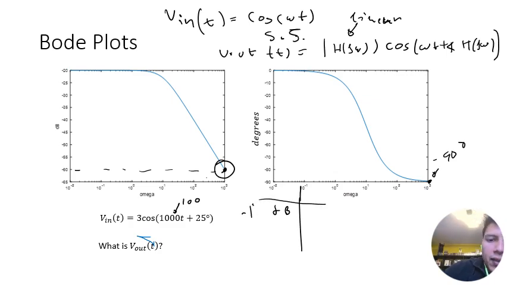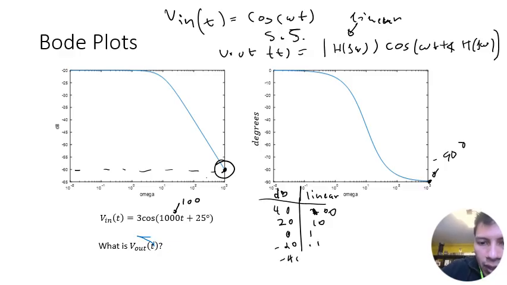So remember that if you go from dB to linear, so let's say you're at 40, that means 100, 20 means 10, 0 means 1, negative 20 means 0.1, negative 40 means 0.01, negative 60 means 0.001. So in a linear scale, this is actually 0.001.